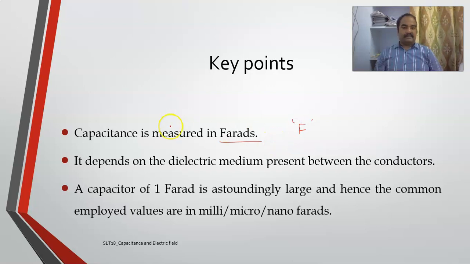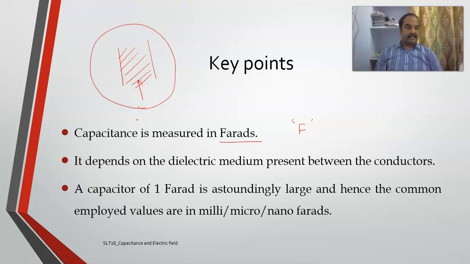The capacitance depends majorly upon the medium which you are using. If you vary the medium, then the capacitance offered by it will vary. As already mentioned, capacitance is measured in farads. A capacitor of 1 farad is astoundingly large.